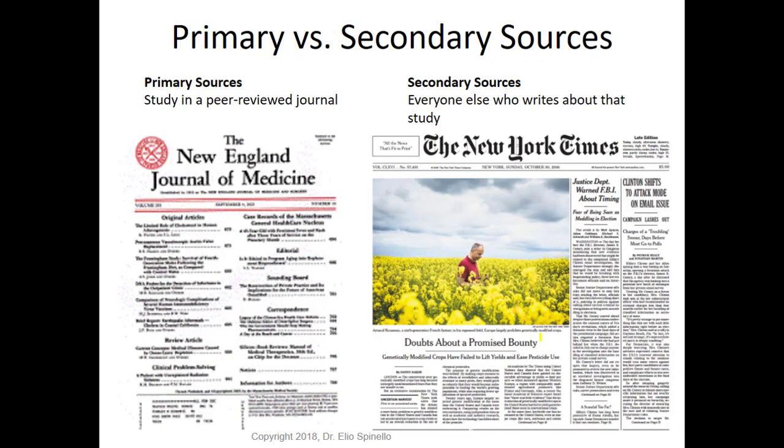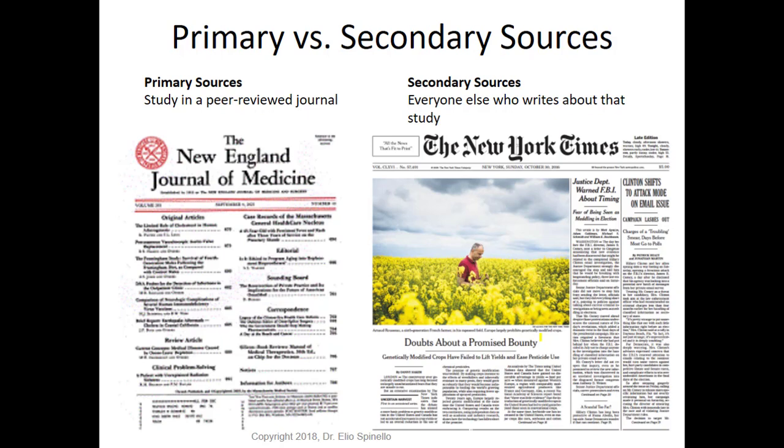Now, another concept I'd like to throw out here is that of primary and secondary sources. For our purposes, a primary source is the original point of publication of empirical data. So if a researcher conducts a study and then publishes it in a peer-reviewed journal, that peer-reviewed journal is the primary source. That's where the study originally appears.